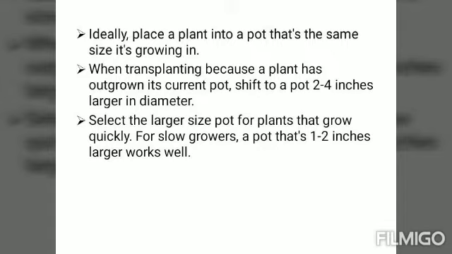Why do you transplant, क्यों ट्रांसप्लांट करते हो एक पॉट से दूसरे पॉट, मतलब जो उससे बड़ा है, because the plant has outgrown its current pot, so it needs more space, okay. This is just a point to remember, आपको याद करना है कि जब आप चूज़ करते हो प्लांट को, you have to place a plant in a pot that is the same size it's growing in.